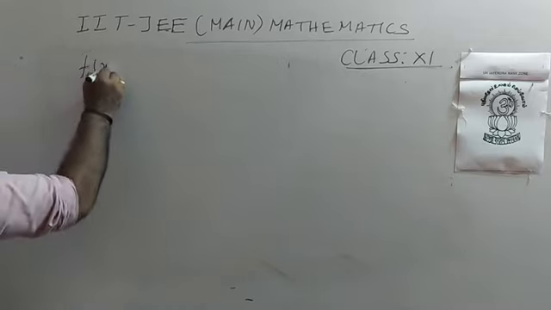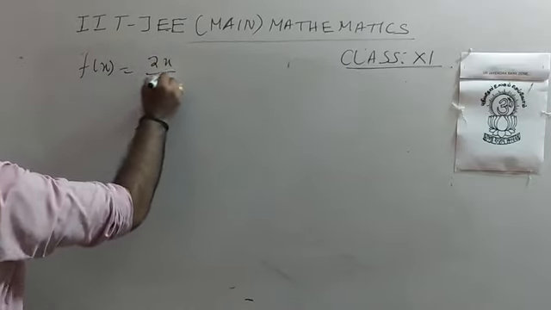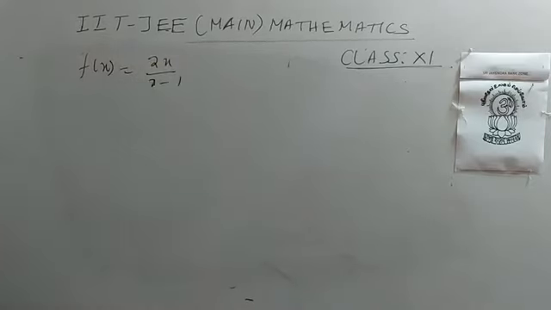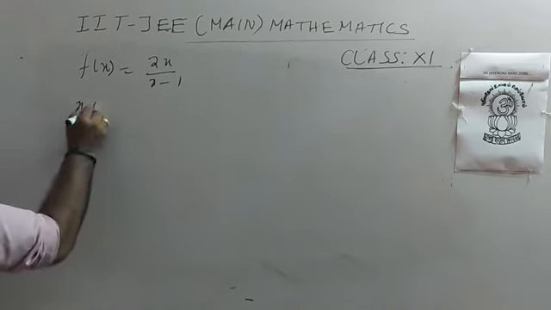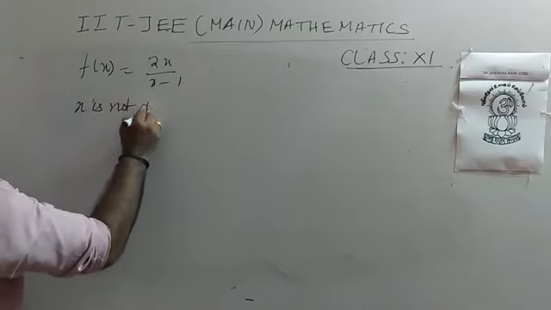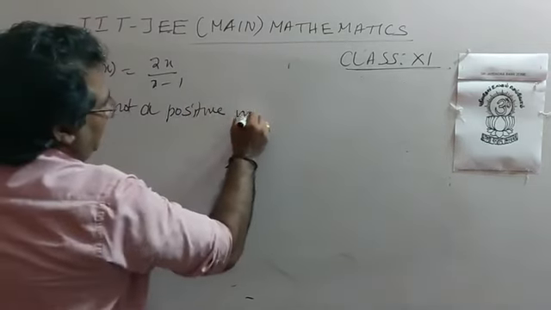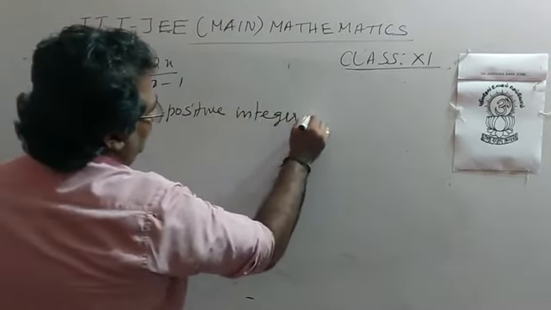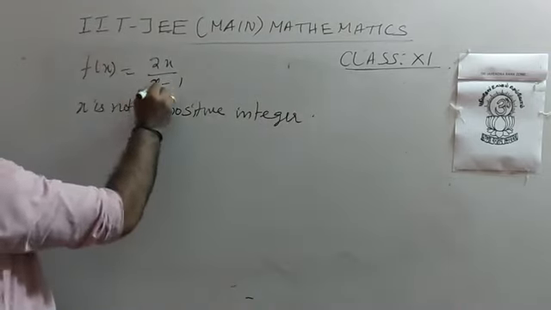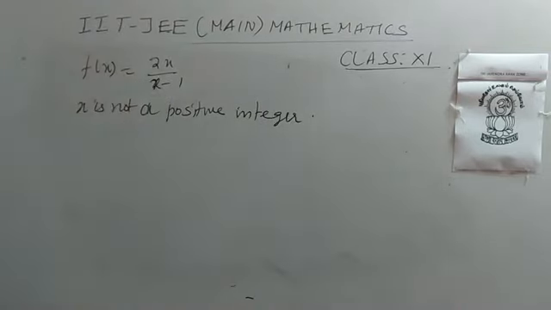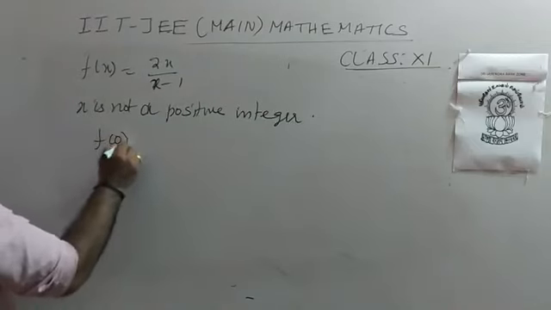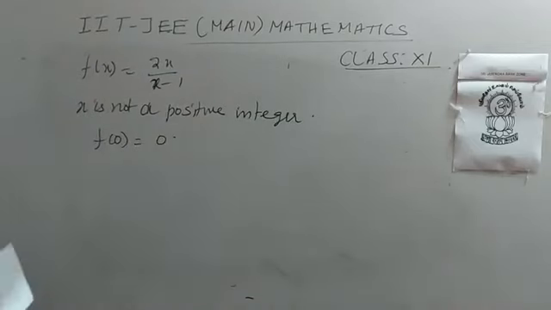F of x is given as 2x by x minus 1. X is not a positive integer. Therefore, f of 0 equal to 0.